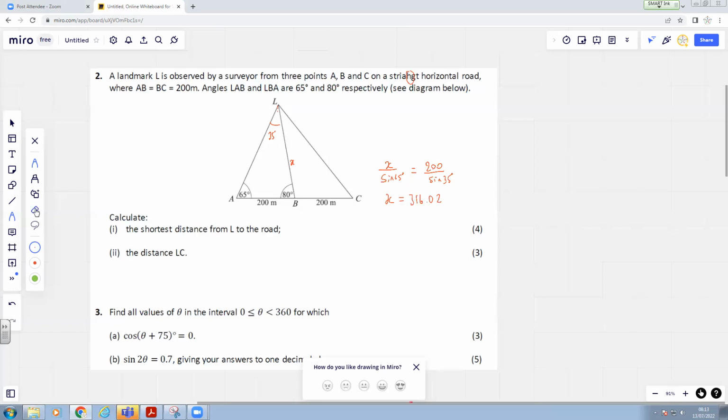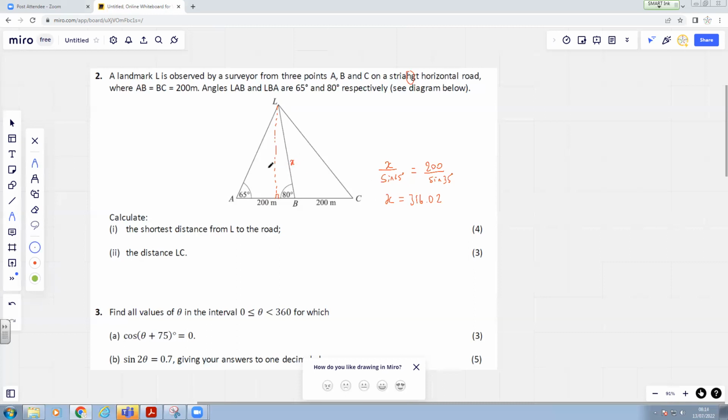Now, once you've got that, ignore the 35, drop your perpendicular, because what we're really trying to find here is this length here. Or actually, I'm going to draw this right angle on the other side, just to show you we've definitely got a right angle triangle here. And now this is a SOHCAHTOA problem, yeah?